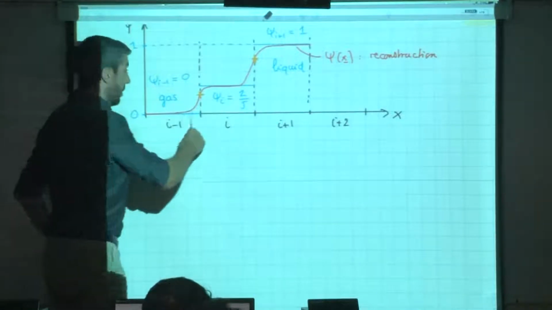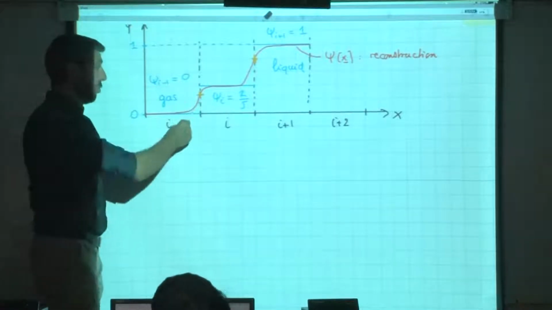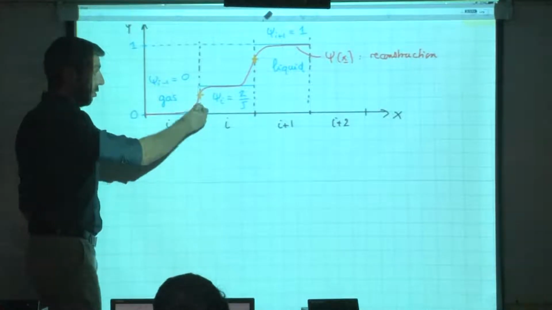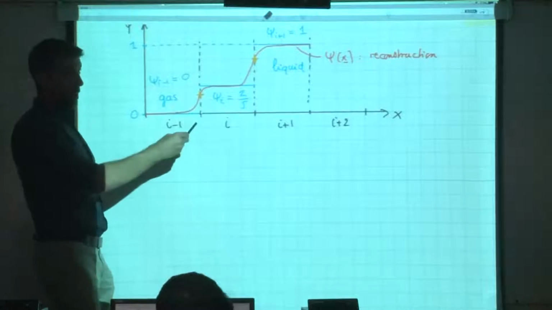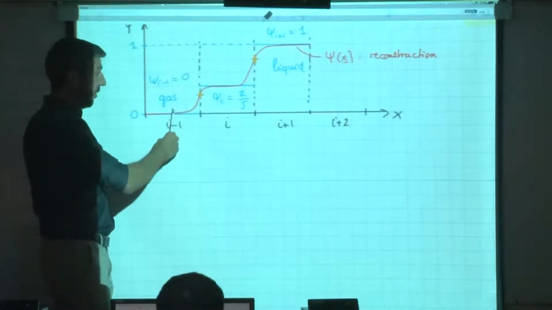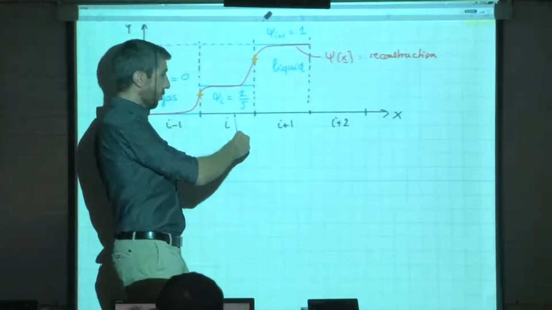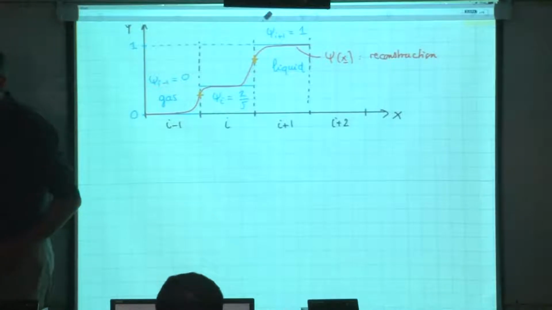If you want to avoid this type of smearing of your discontinuous profile, you could use upwinding. At that cell face, you look at the direction of your velocity. If your velocity is positive, you form a flux using the value from the left. If it is negative, you transport using the value from the right. So those are a couple of different options.